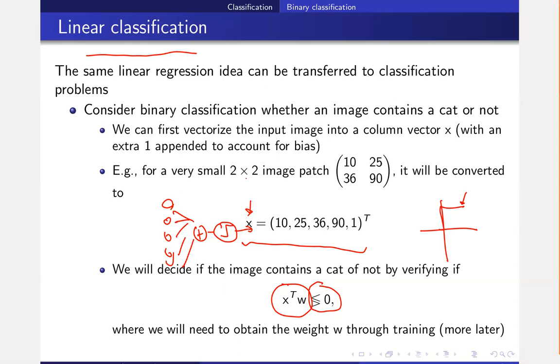By the way, this is also what SVM is doing. Support vector machine is just more careful, or more intelligent, in finding the optimum weights here. We'll talk about that maybe next time or sometime later.